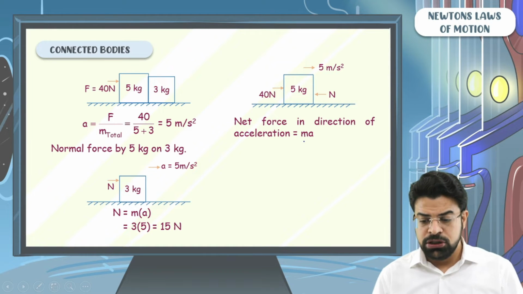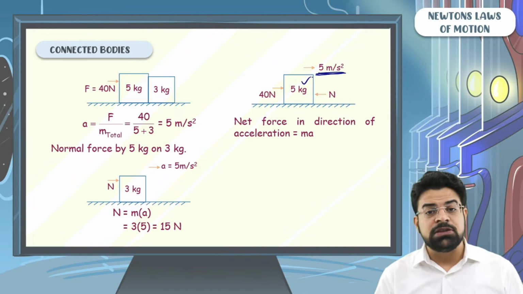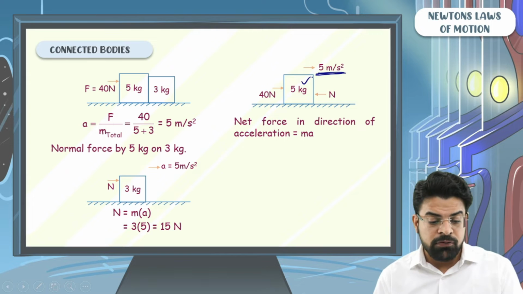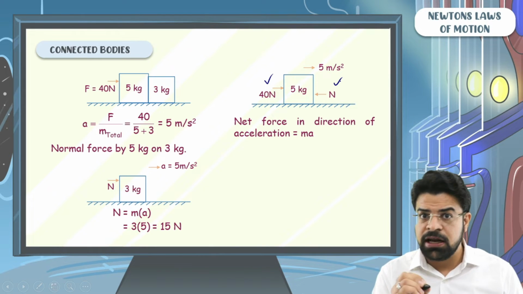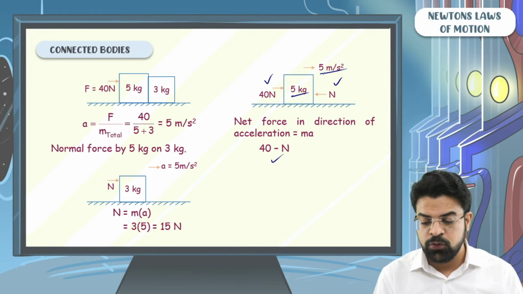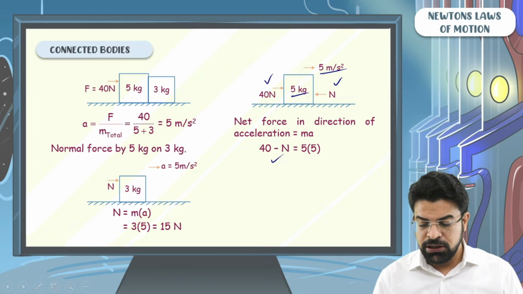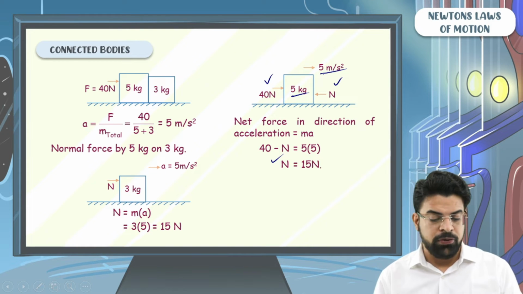The net force on this 5 kg block in the direction of its acceleration, which is 5 meter per second square towards right, will be nothing but 40 minus N. So you can write 40 minus N equals mass into acceleration, 5 into 5. So 40 minus N equals 25, or you can get normal reaction equals 15 Newton.